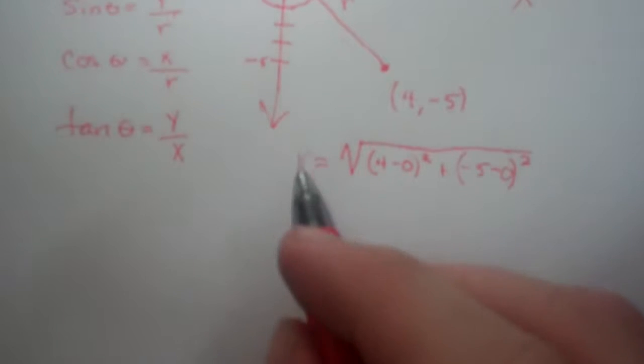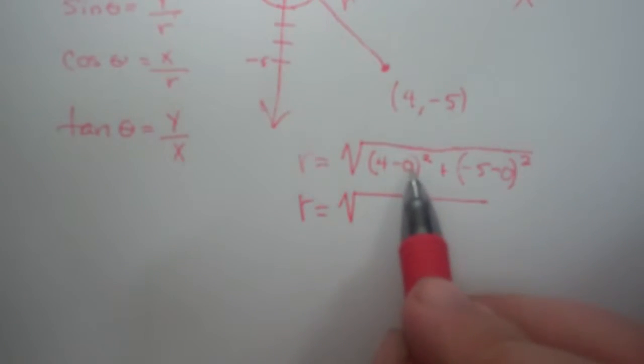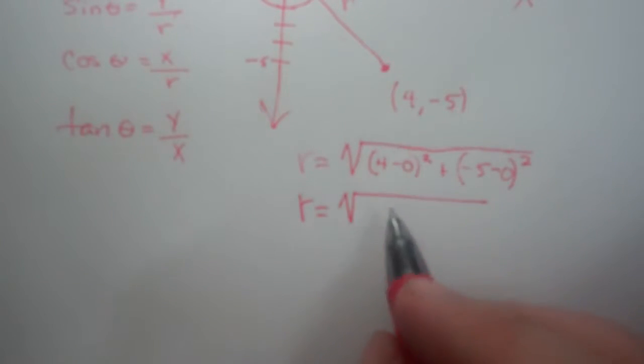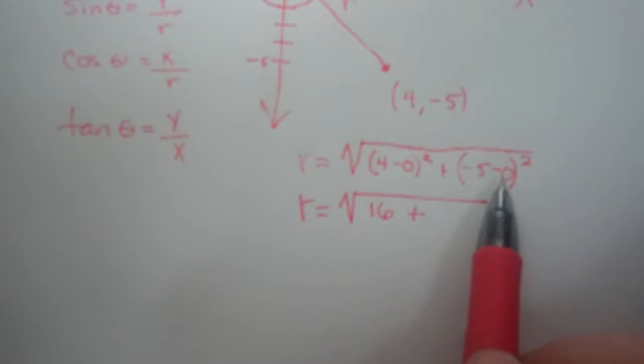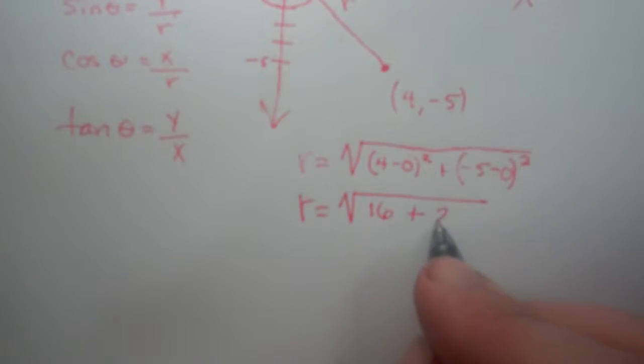And we can simplify this, so we have r is equal to the square root of 4 minus 0 is 4, and then we square it and it becomes 16, plus -5 minus 0 is -5. When we square -5, we get 25.